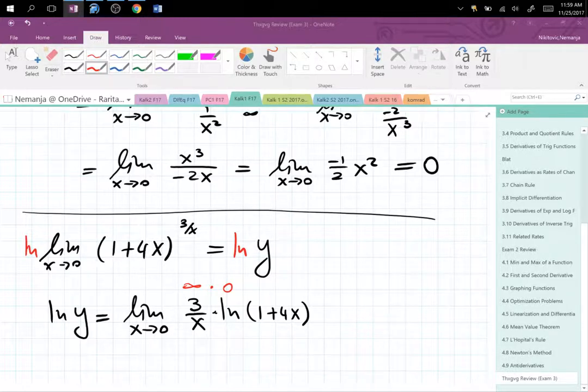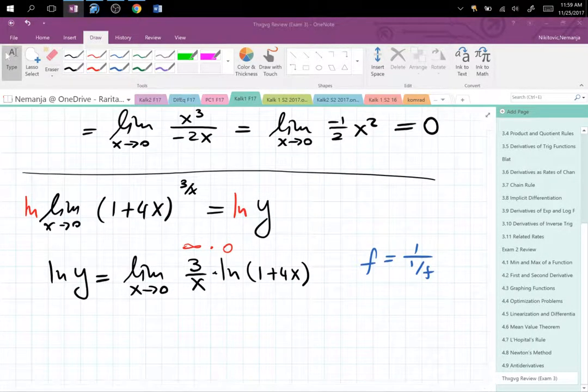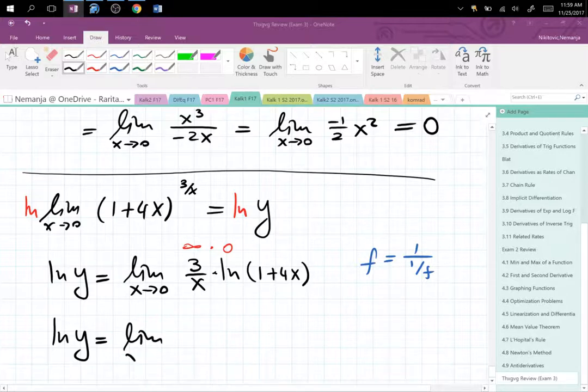So now we use the trick that f is equal to 1 over 1 over f. We have ln of 1 plus 4x stay, and on the bottom we have 1 over 3 over x.